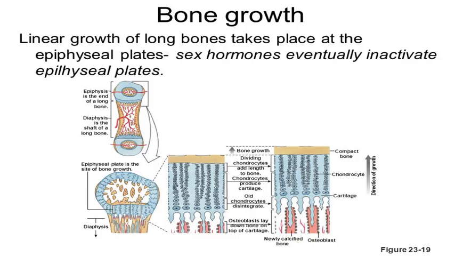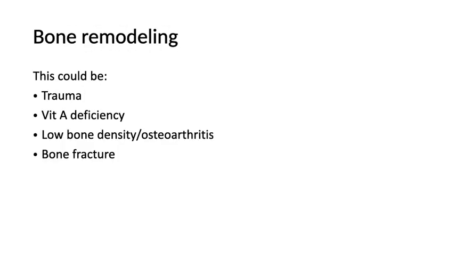You have the dividing cells, the one more distal is the dividing, and then from the bottom aspect closer to the plate, you have the hypertrophied cartilage.